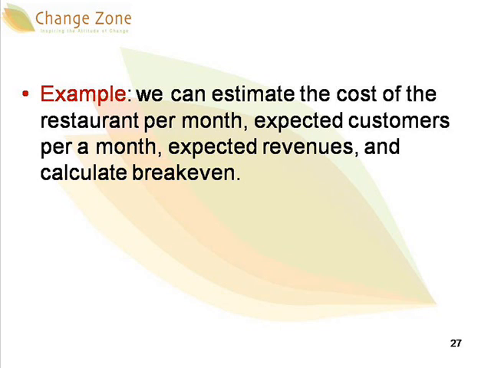And so we can estimate revenues and calculate break-even. For instance, if we have 100 meals per month as a break-even, that means we start generating profit after selling 100 meals per month. Less than 100 means our costs exceed our profits.